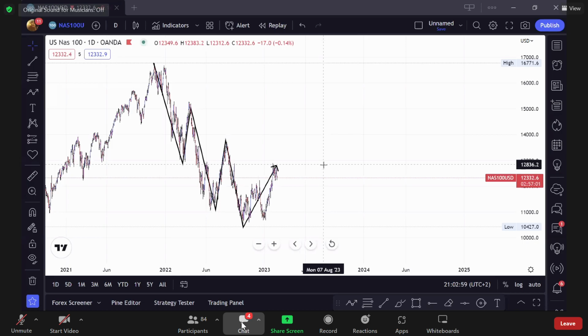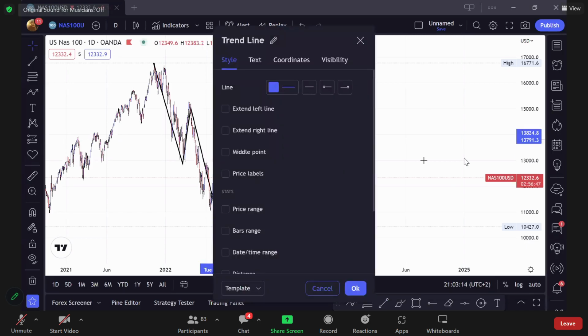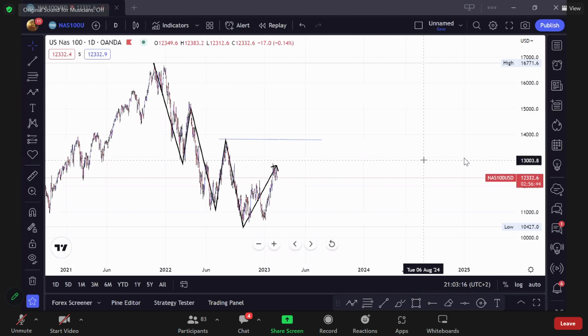For price to take out the previous lower high. So in order to have a change of character, you would agree that I would need that high to be violated. Yes. Right?